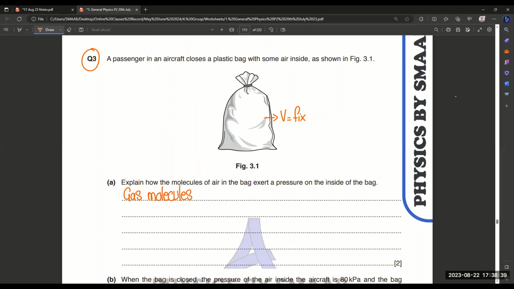Gas molecules are free to move. Less or weak intermolecular forces.